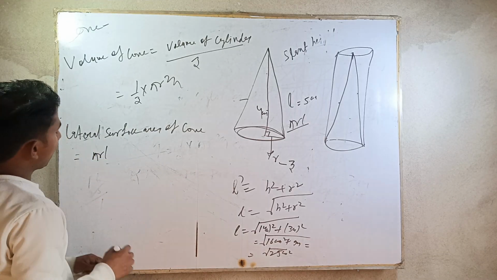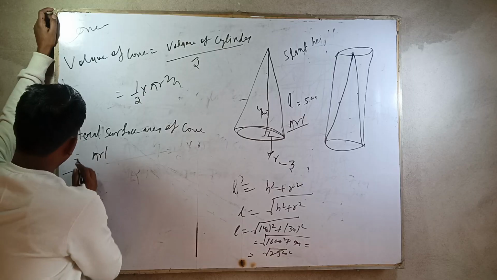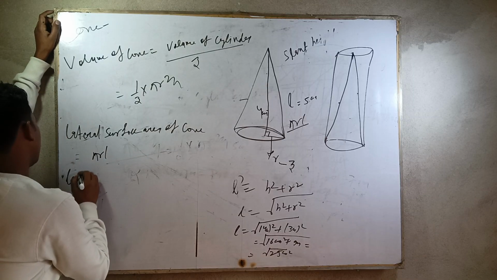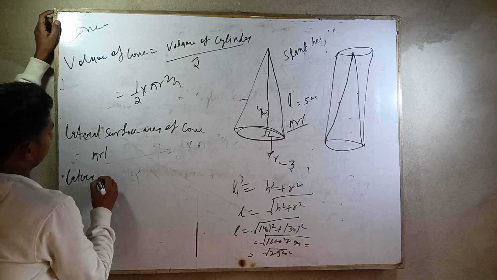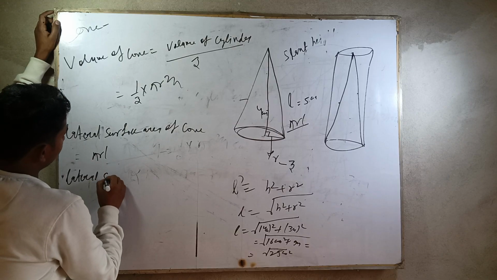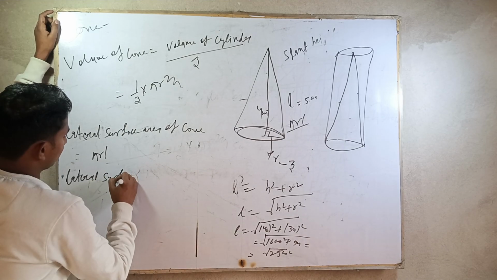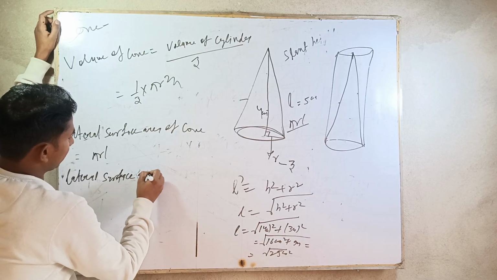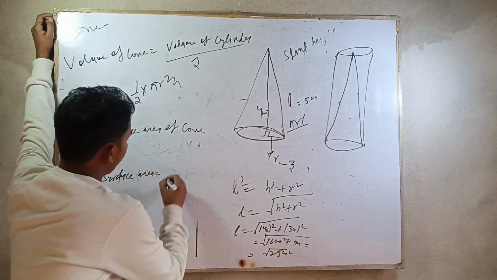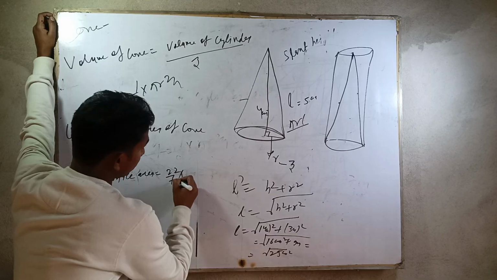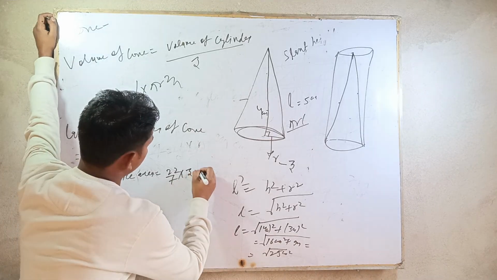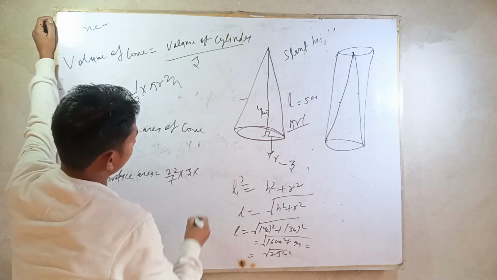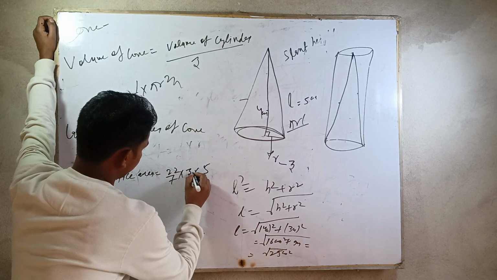So if I put in the values, the lateral surface area equals 22 by 7 cross r, which is 3 centimeters, and l, which is 5 centimeters.